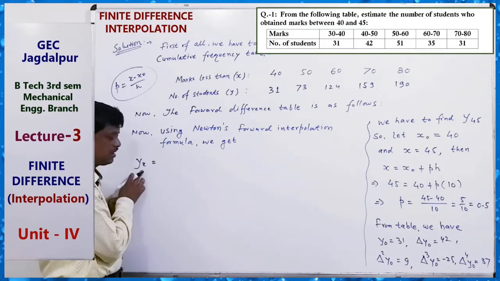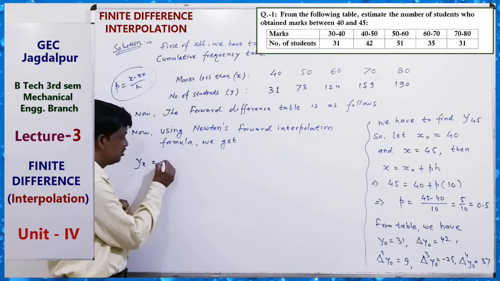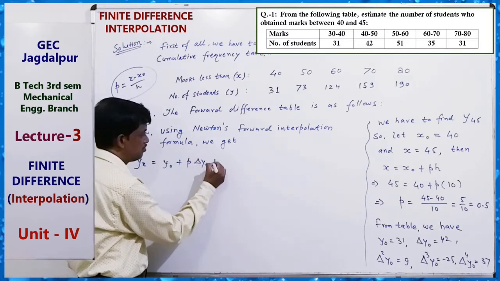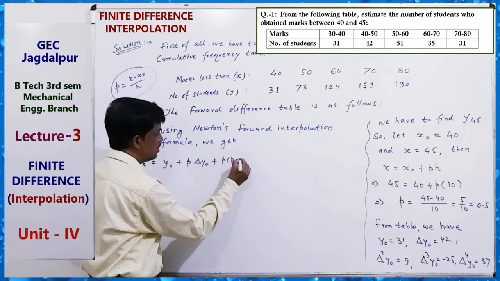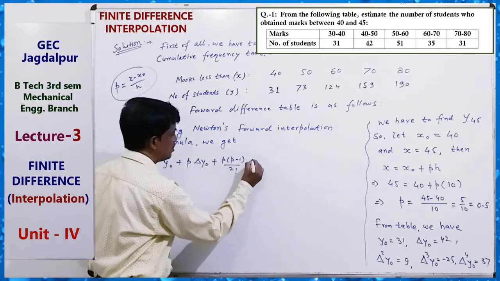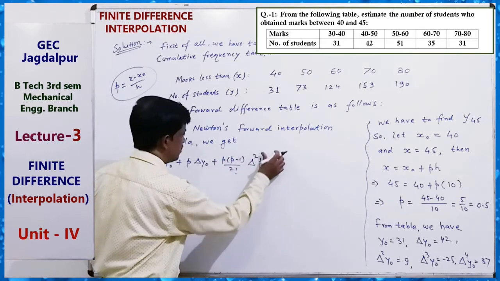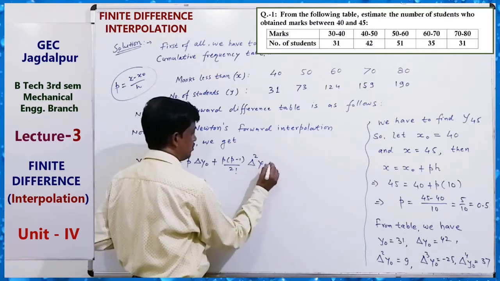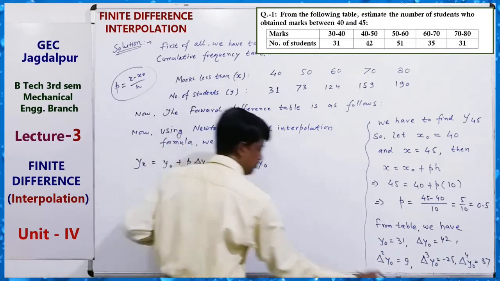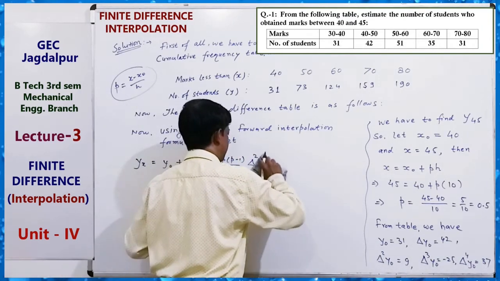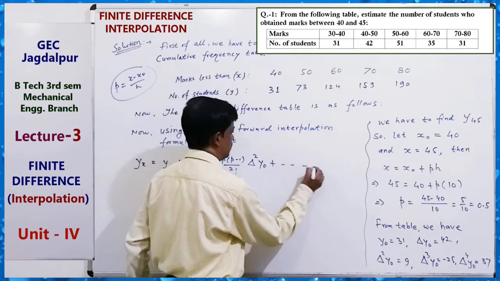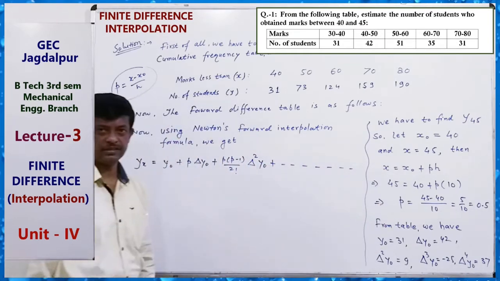What is the formula? yp equals y0 plus p first difference plus p into p minus 1 upon 2 factorial second difference of y0, and so on like this.